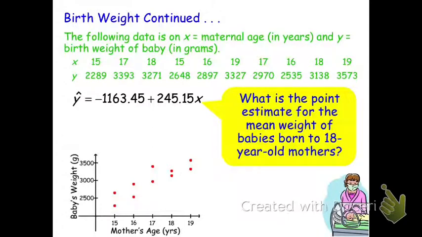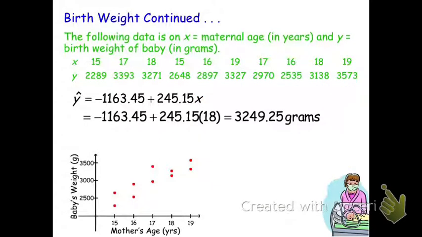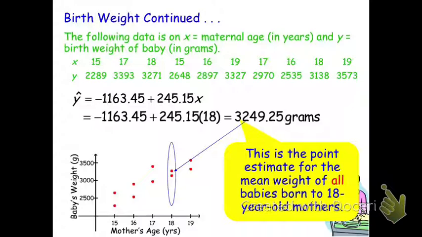What is the point estimate for the mean weight of babies born to 18-year-old mothers? A point estimate is basically just an estimation, plugging in 18 for X. This is an estimate for the mean weight for all babies born to 18-year-old mothers.